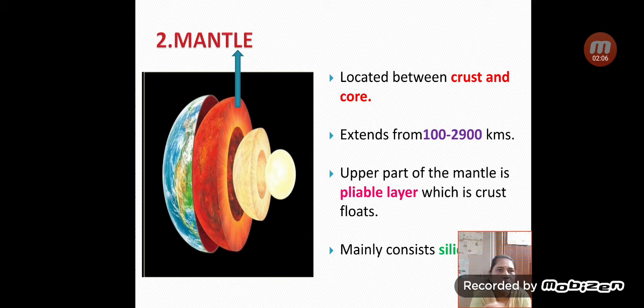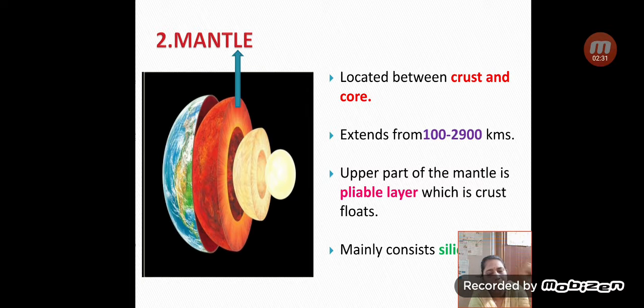Next, go to the mantle. It is located between the crust and the core. Its depth extends from 100 kilometers to 2,900 kilometers.